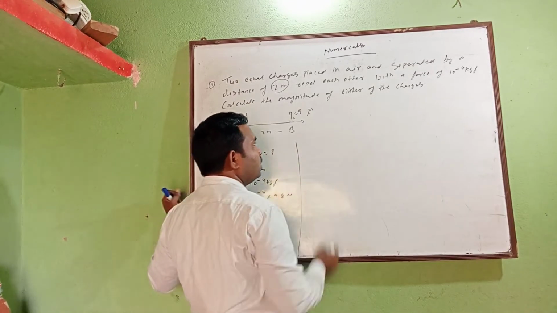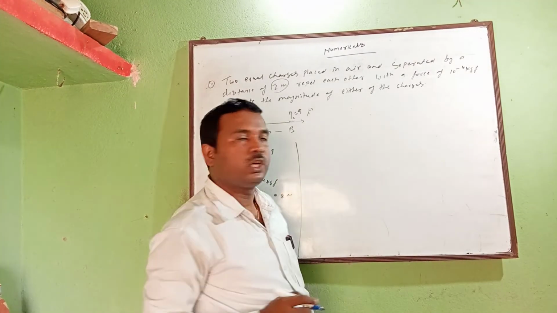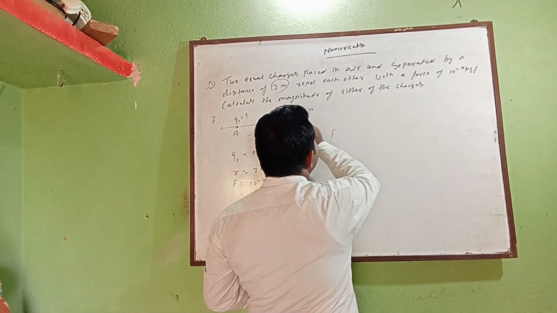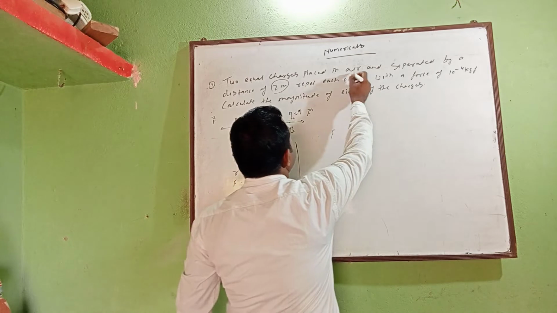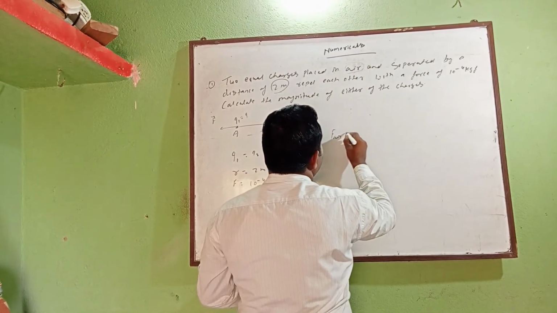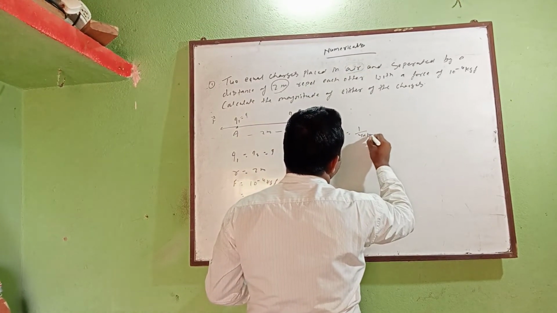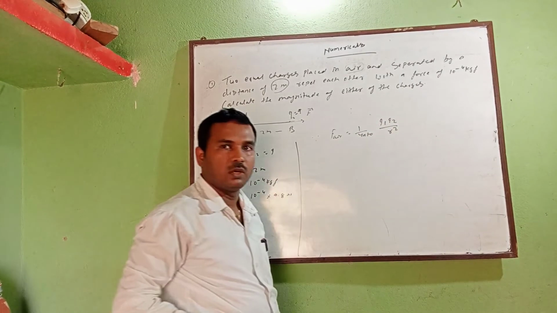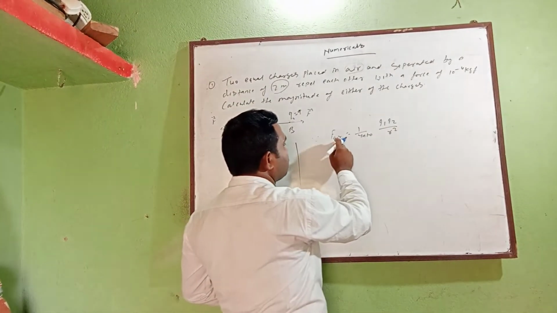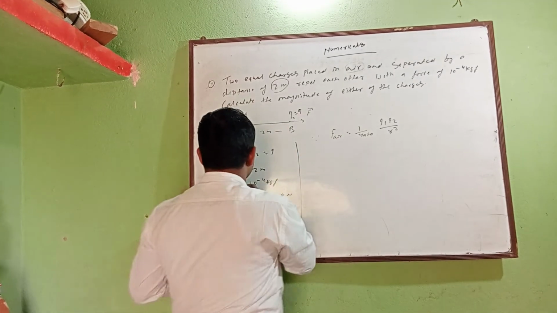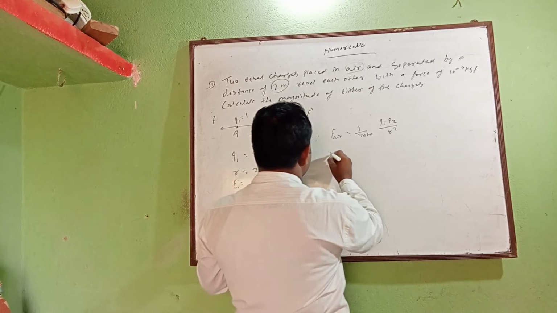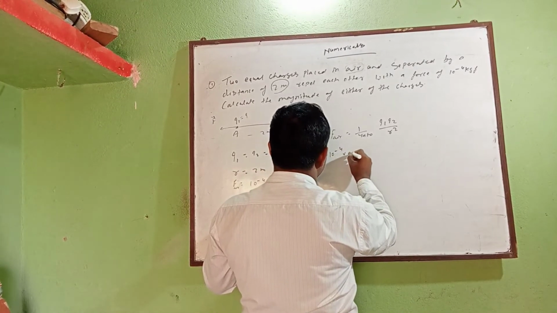But we have a formula according to Coulomb's law in electrostatics. We have studied that F in air equals 1 by 4 pi epsilon naught, Q1 Q2 by R square. This is the formula. You can put the value of F air equal to 10 to the power minus 4 into 9.8.